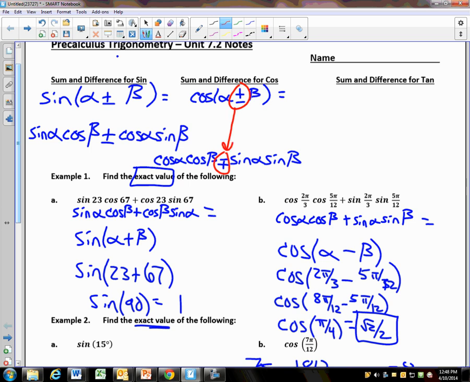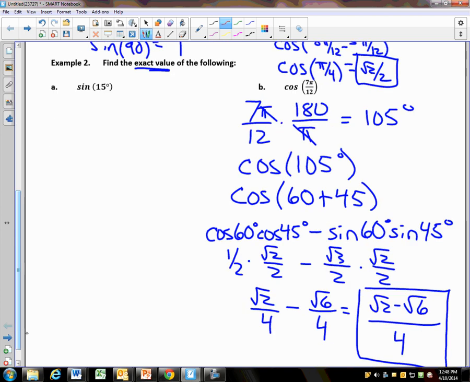So if I use a plus up there, I have to use a minus down here. When this was plus here, that was my indication I have to switch it, make it minus there. For sine, it stays the same. Does that make sense now?